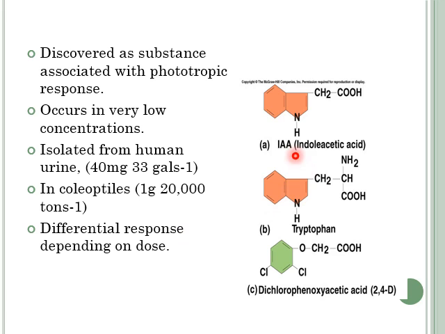So IAA, indole acetic acid, tryptophan and 2,4-dichlorophenoxyacetic acid, 2,4-D, are known as synthetic auxins. 2,4-D acts as a weedicide.